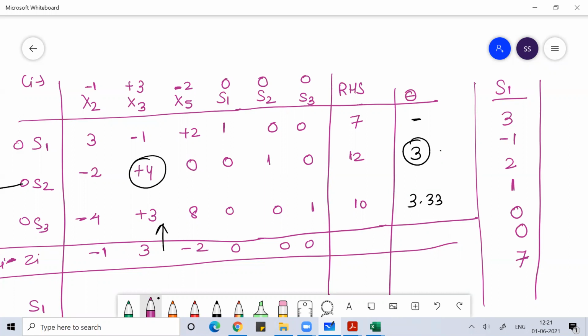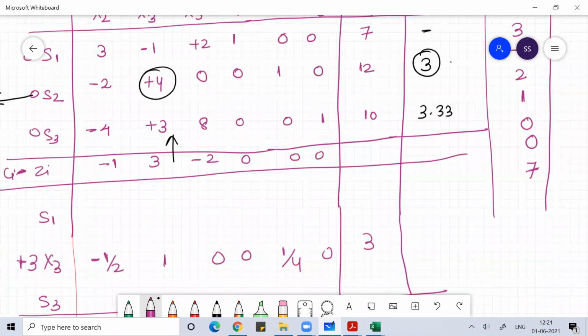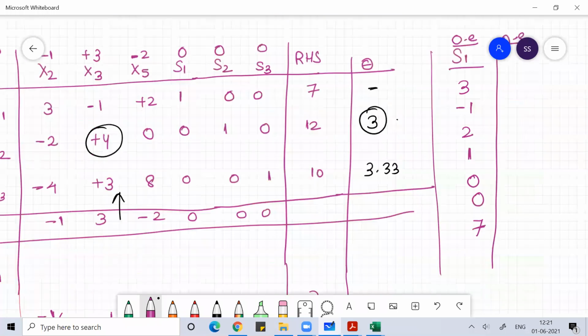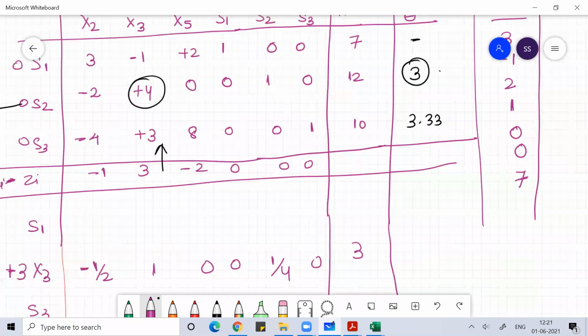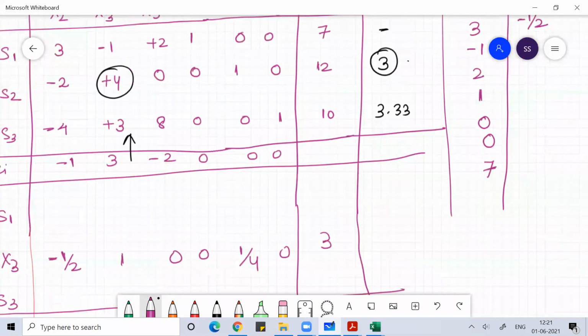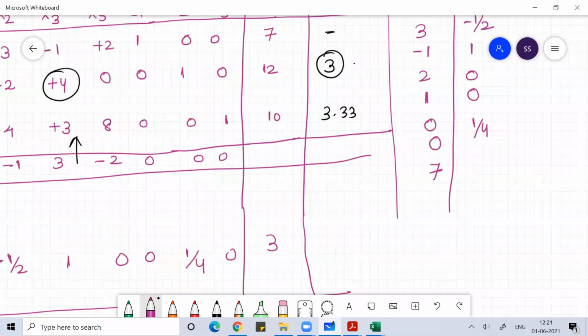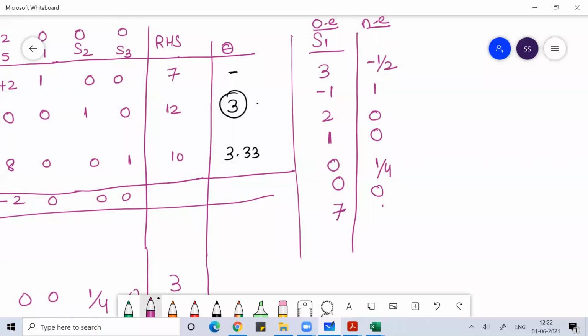These are the old elements. The new element is -1 by 2, 1, 0, 0, 1 by 4, 0, 3.